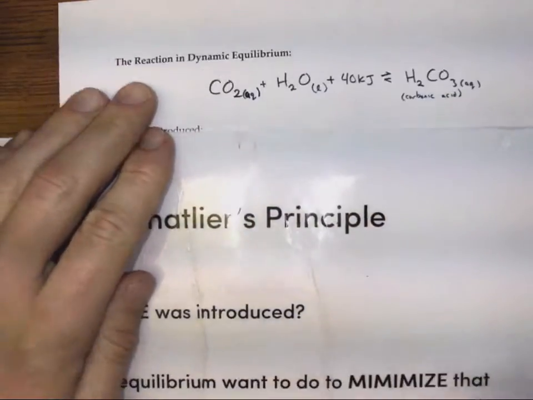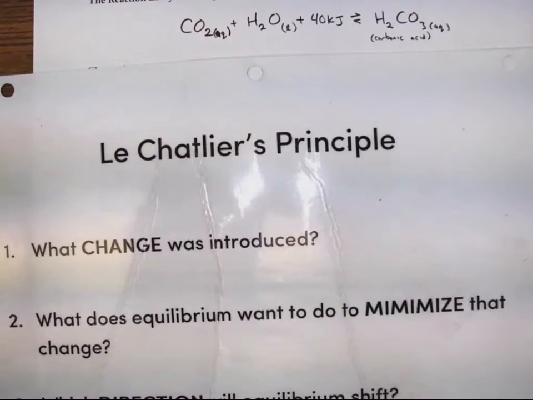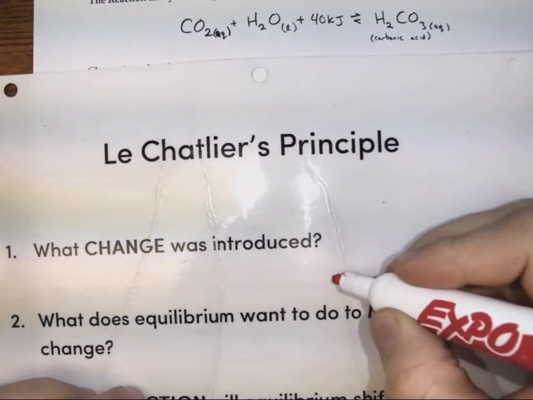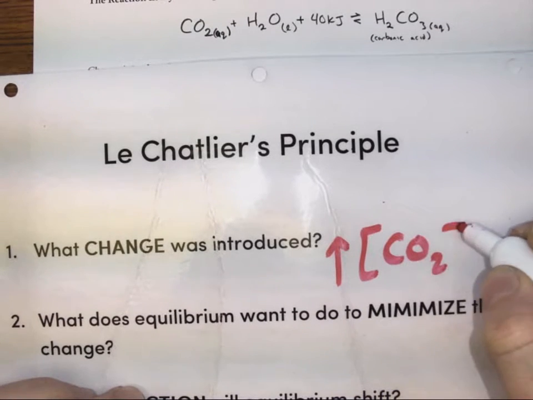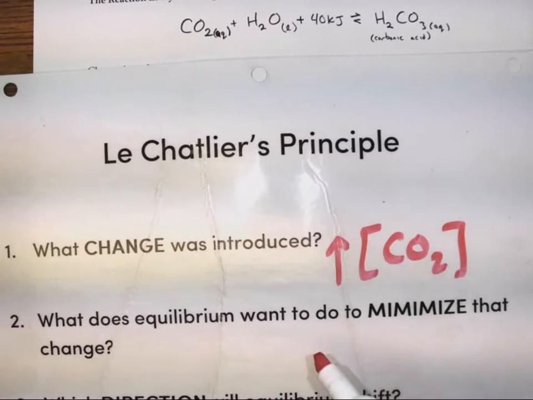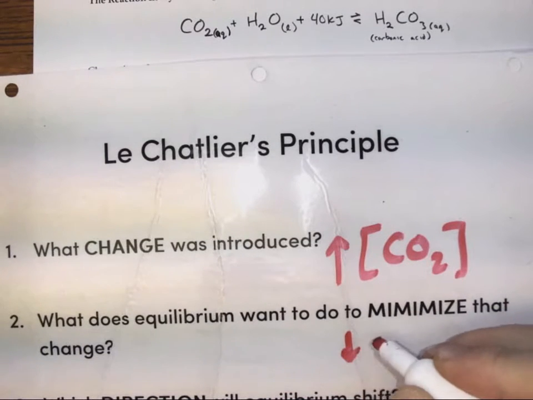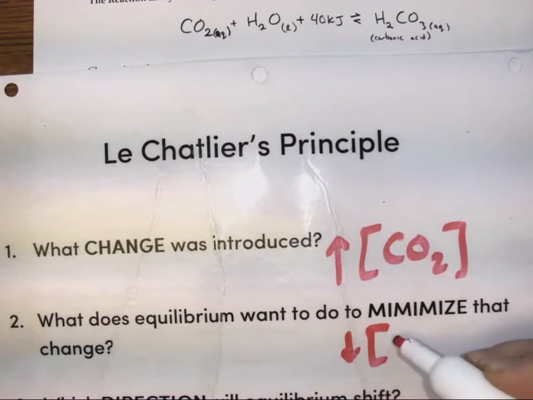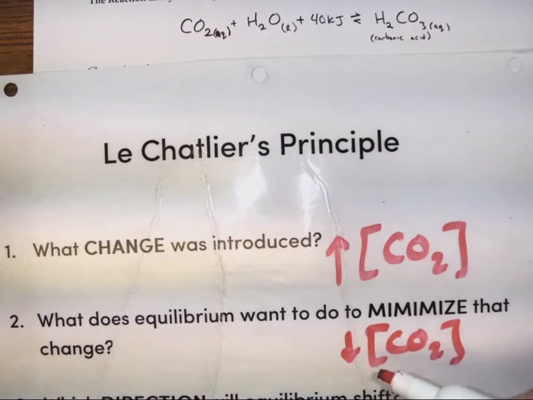We started by saying, what change was introduced into the system by us breathing into it? The answer is that we increased the amount of carbon dioxide. Equilibrium wants to minimize that change. That's Le Chatelier's principle. So to undo an increase, it's going to try to decrease carbon dioxide. I drew a smaller arrow to imply that it won't completely diminish that change, but it will minimize it.